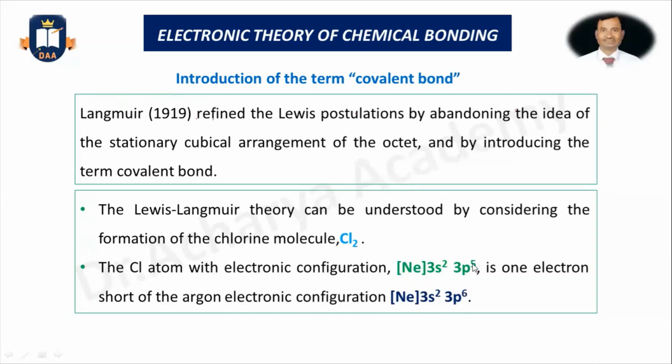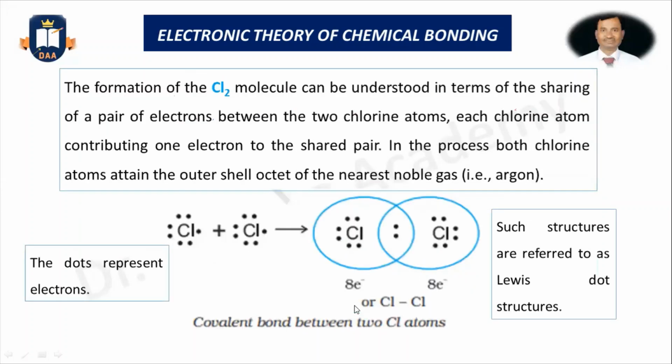So if we add 1 electron to 3p5, it will get the octet in its outer shell in respect of electronic configuration. The formation of the Cl2 molecule can be understood in this way.